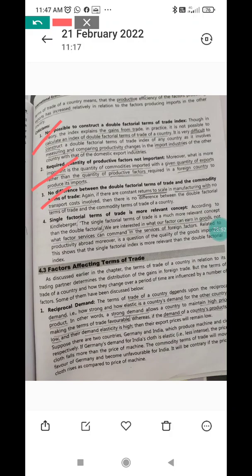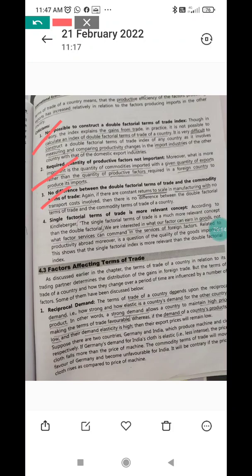Okay. So, we have completed here the income terms of trade, single factorial terms of trade, and double factorial terms of trade, and in the next video we will be talking about the factors affecting terms of trade and the causes of unfavorable terms of trade of developing countries.